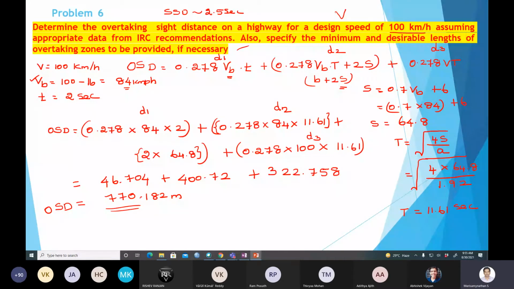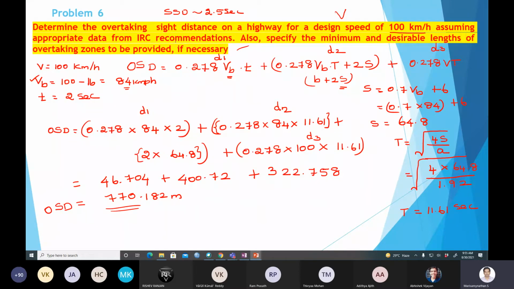So this is the overtaking sight distance for a design speed of 100 kilometer per hour, with the assumption of two-way traffic, with the opposite vehicle also coming. This is the solution to determine the overtaking sight distance.